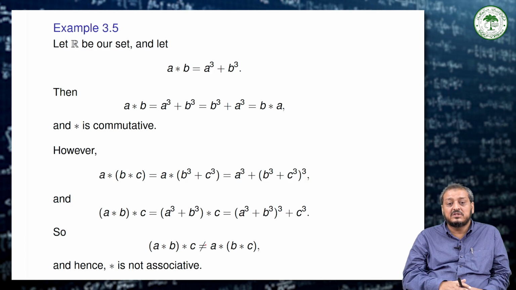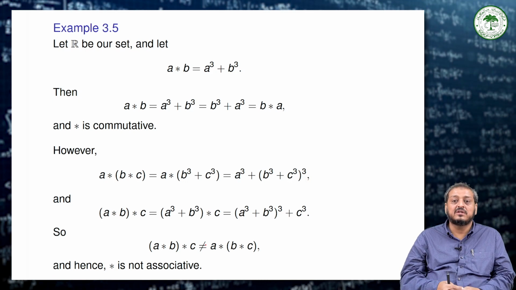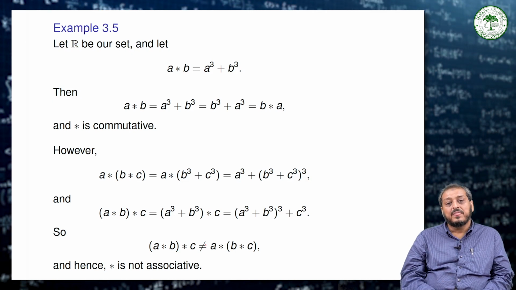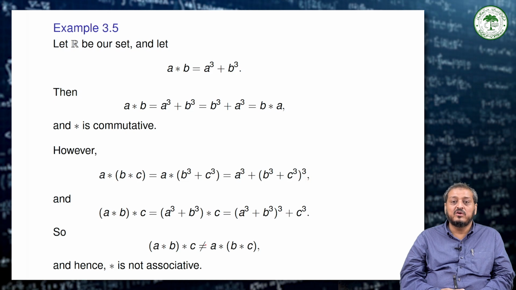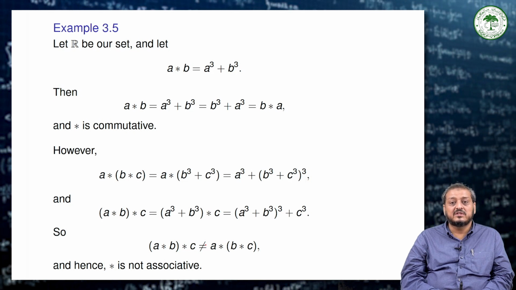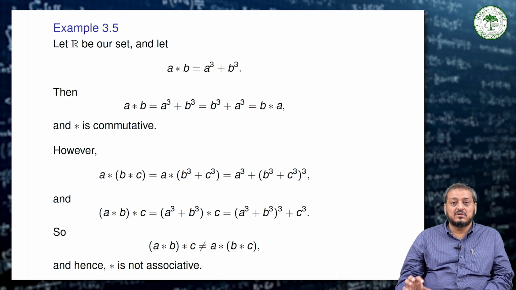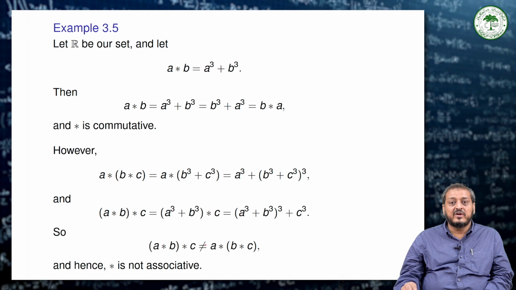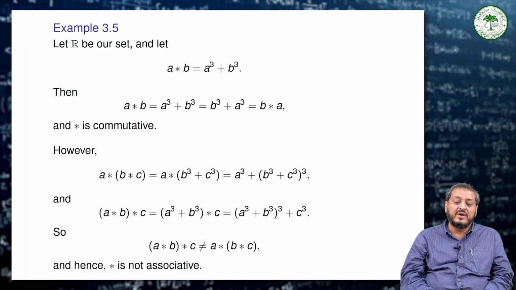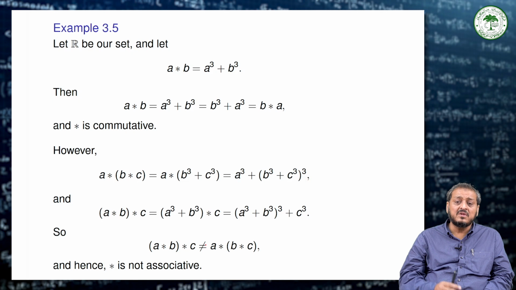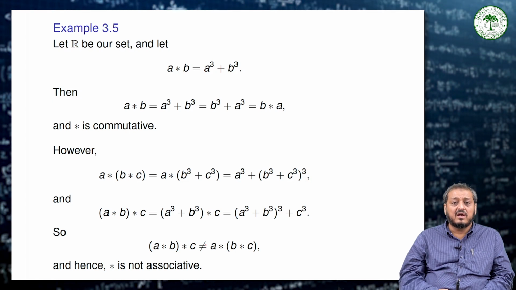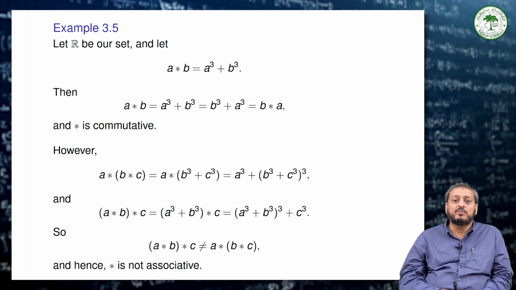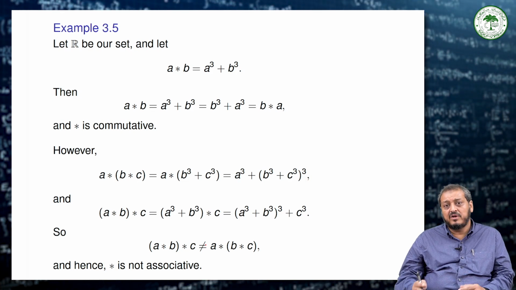So in this first lecture we discussed binary operations, and we took two basic properties of binary operations, associativity and commutativity, and we discussed various examples of when these hold. Now I have to stop this first lecture.